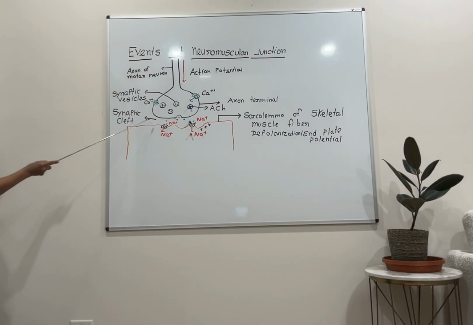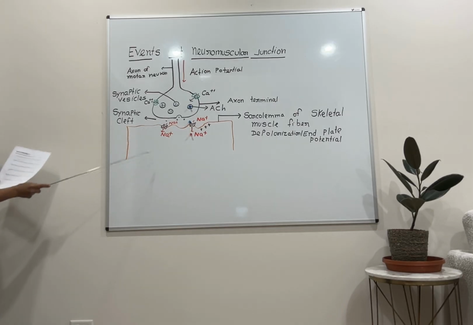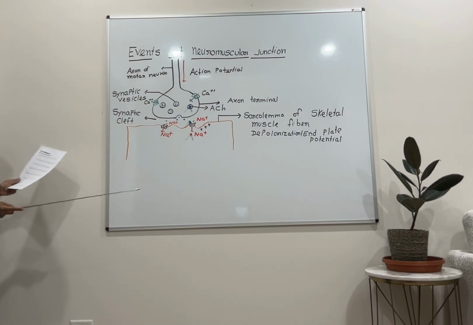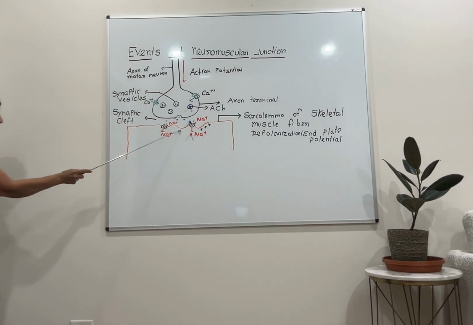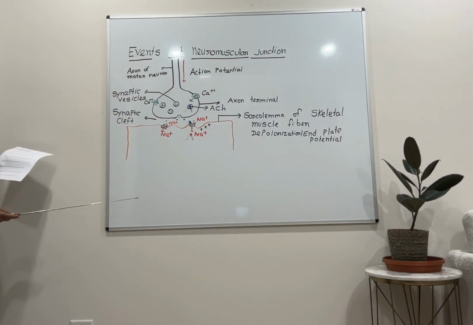What is the synapse between the muscle fiber and the axon terminal? The synapse is the synaptic cleft. Now, one more question. What ion diffuses through the chemically gated channels of the junctional folds? These folds of sarcolemma are known as junctional folds.